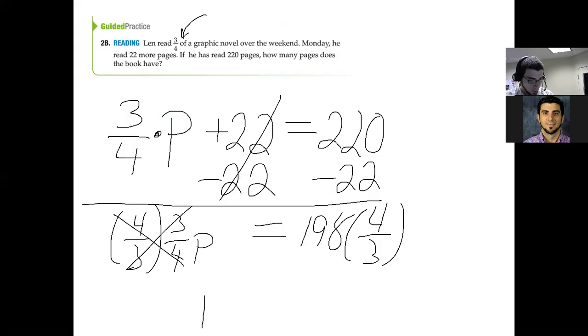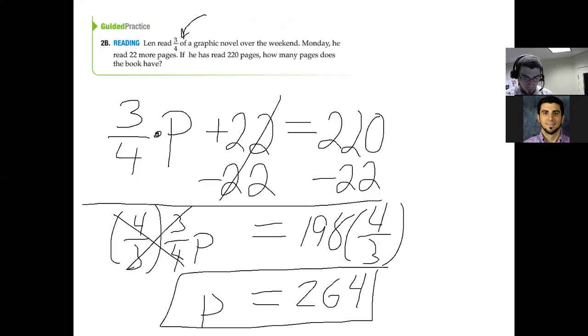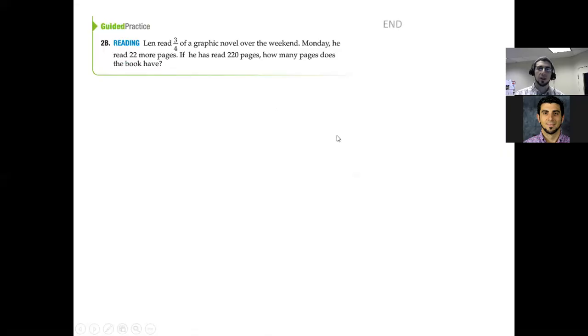Those cancel, and you get P equals 264. Okay. Then if you plug 264 in, 3/4 of 264 plus 22 would give you 220. Alrighty? All right, so that's it for this one.